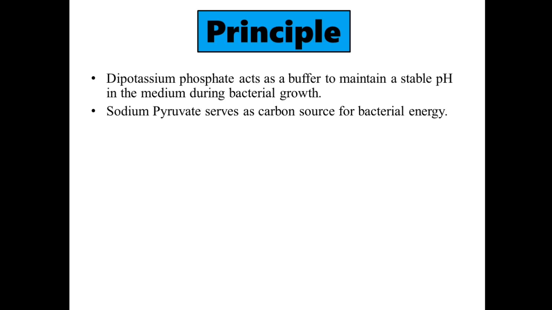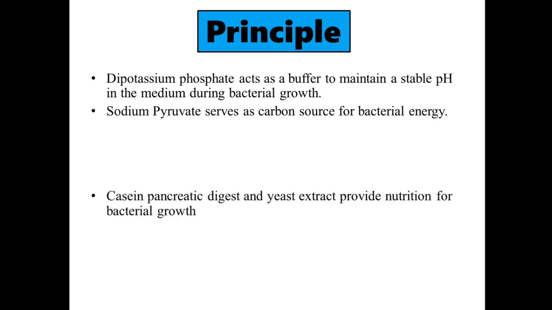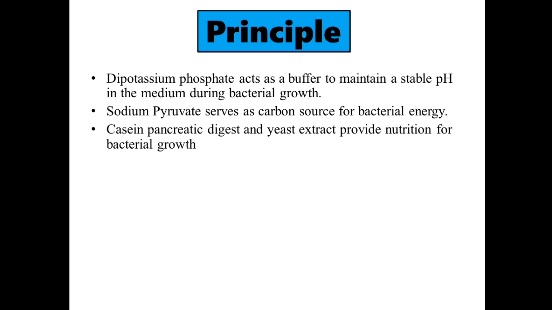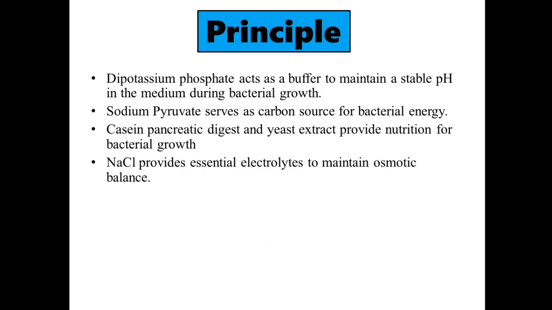This media also contains sodium pyruvate, which provides a carbon source needed for bacterial energy. Moreover, the media contains casein pancreatic digest and yeast extract. These two components provide nutritional supplements for bacterial growth. The media also contains sodium chloride, which provides essential electrolytes so that the osmotic balance of the media is maintained.